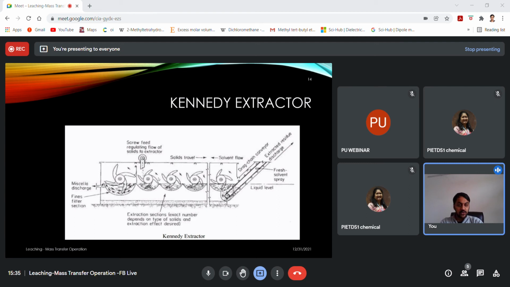The spent solid is taken out at the discharge, and the fresh solvent is added there. So this is also a counter current operation.